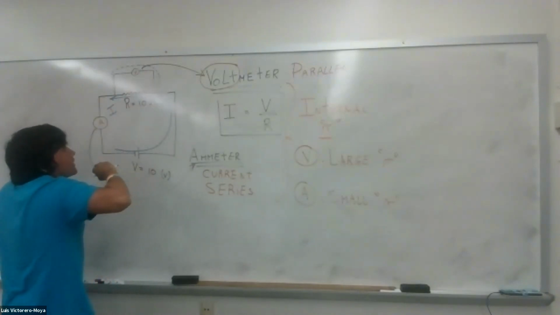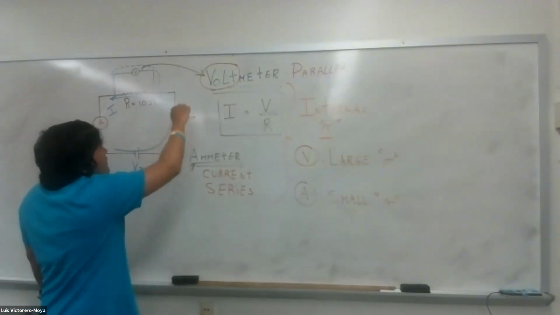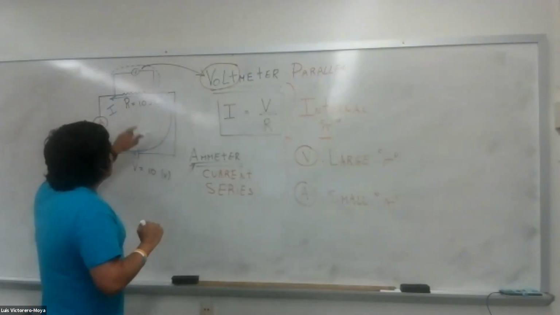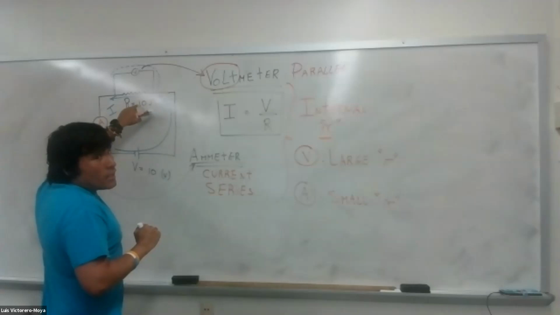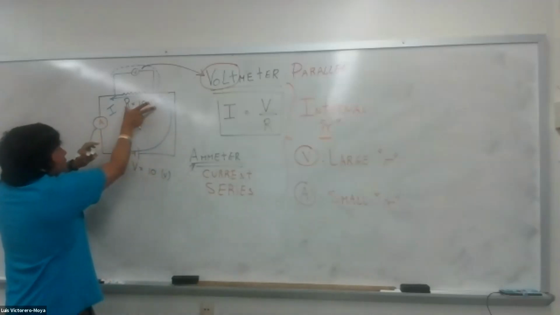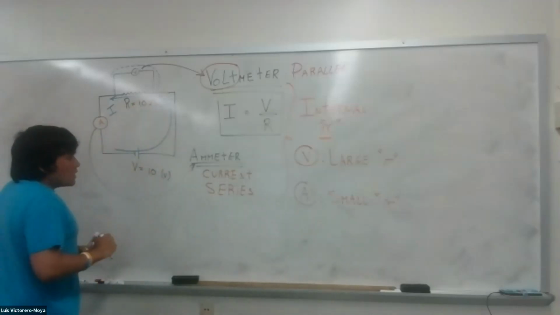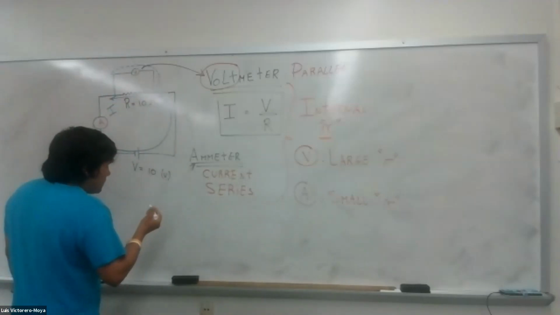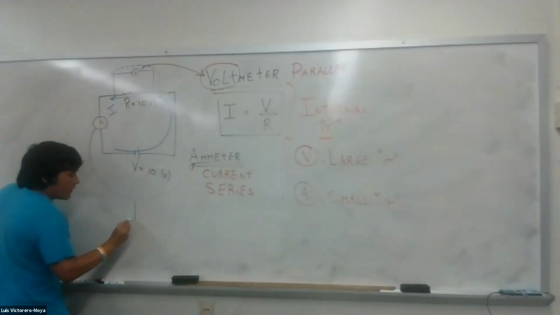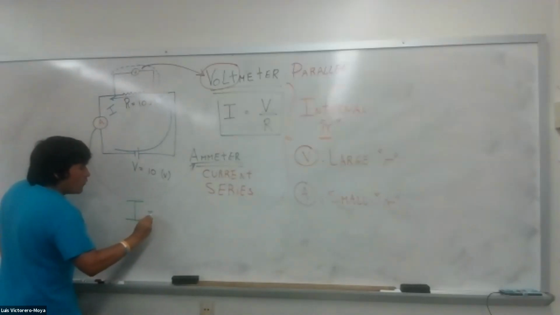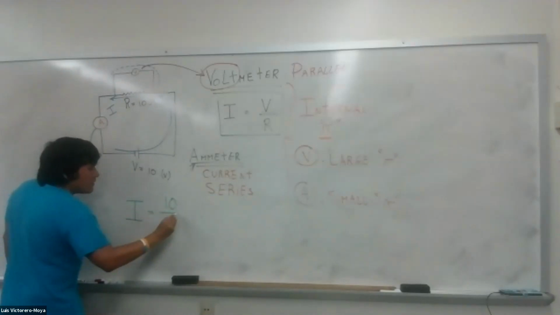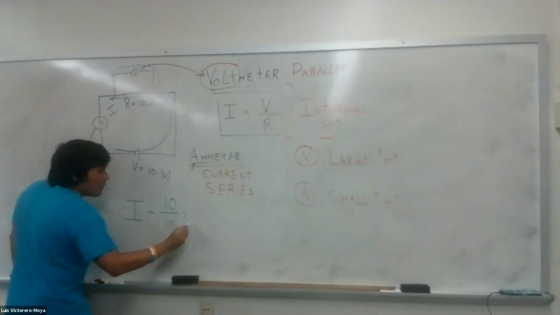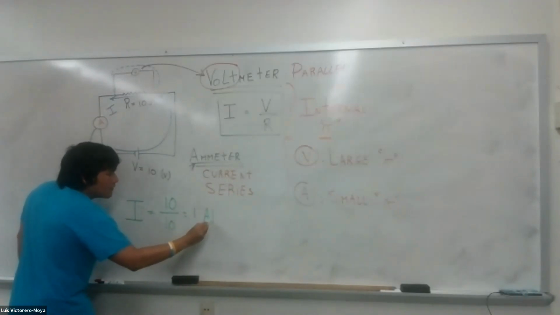So let's say that the resistance in the voltmeter is around 100 times the value of this resistor. So if we were to ignore the voltmeter, the current will be 10 divided by 10, 1 ampere.